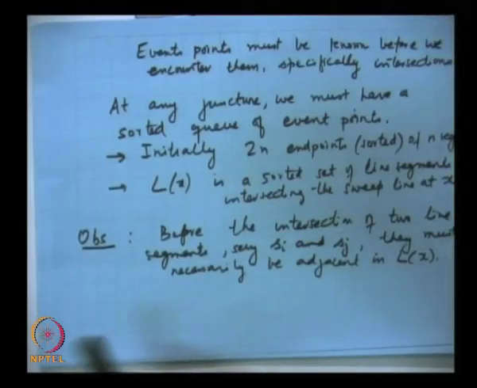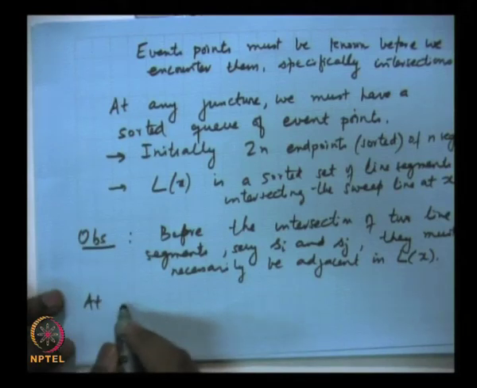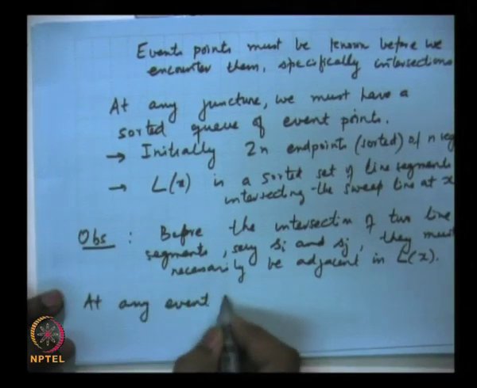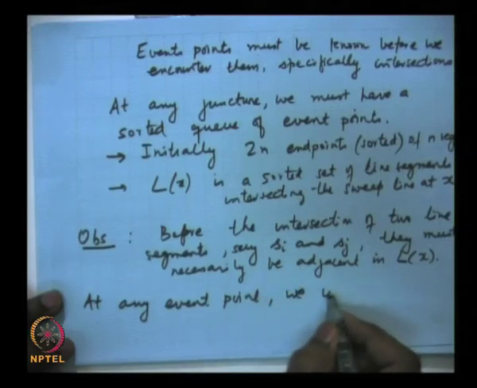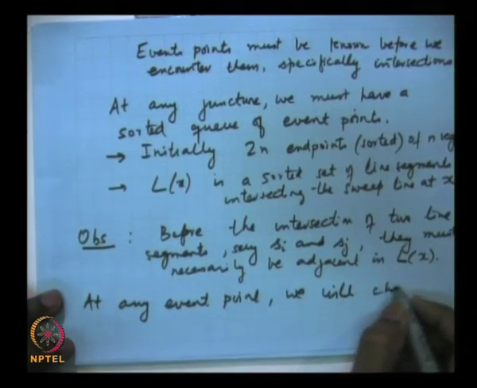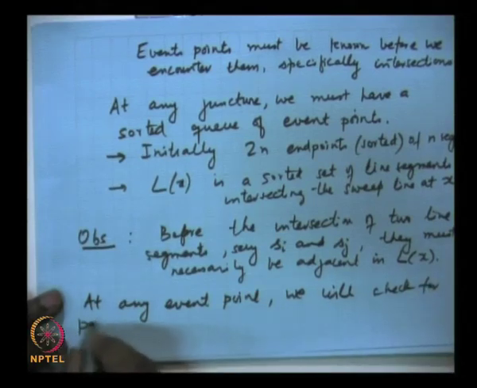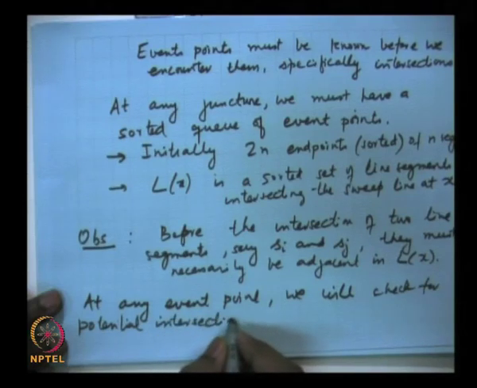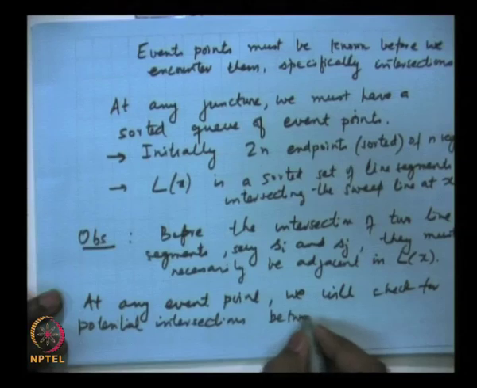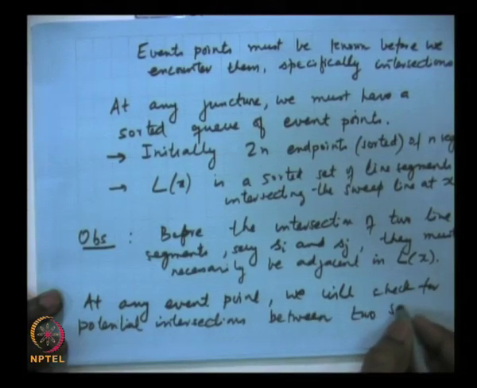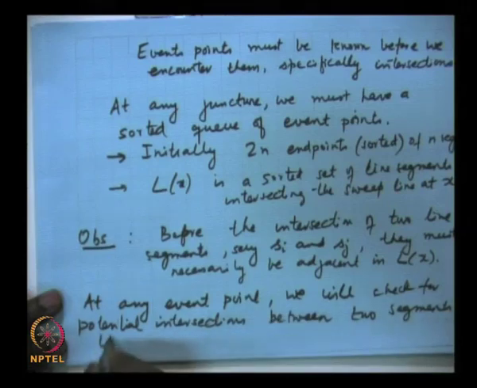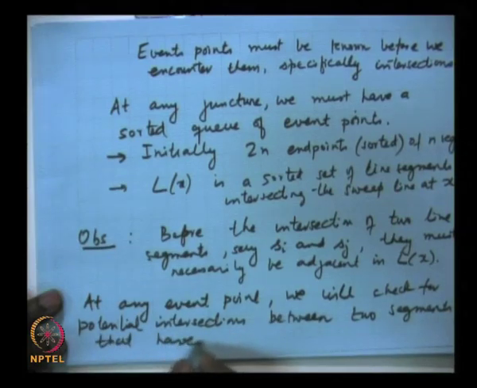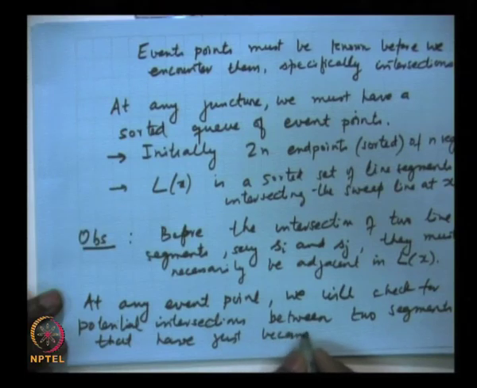So, this is what we are going to do. The moment we find two new line segments are adjacent, we will check for potential intersection. Okay. So, at any event point, we will check for potential intersections between two segments that have just become adjacent.